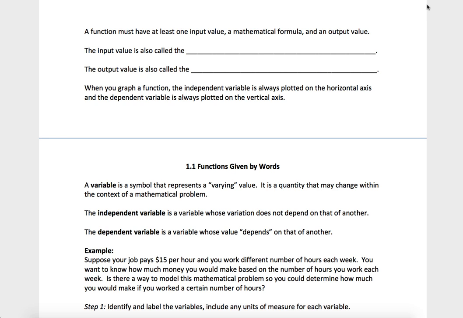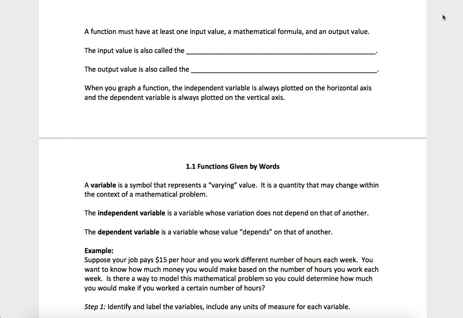A variable is a symbol, and sometimes we use letters to represent that symbol. And the variable is a symbol that represents a value that varies or changes. Right? It's a quantity that changes based on the context of the problem that we're looking at. So an independent variable is a variable that doesn't change based on another variable, which means it's independent.